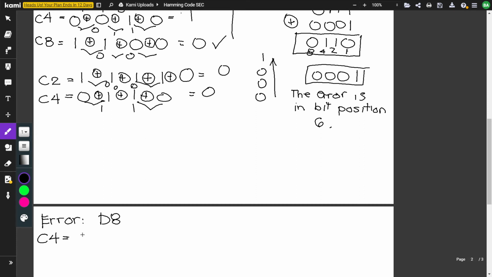For C4, let's copy the original 0, 0, 1, and then since that's the original value, we'll change it into 1. Then the operation is also XOR. And then another is C8. C8 is 1, 1, 0, and then here is D8. So let's change it also into 1.